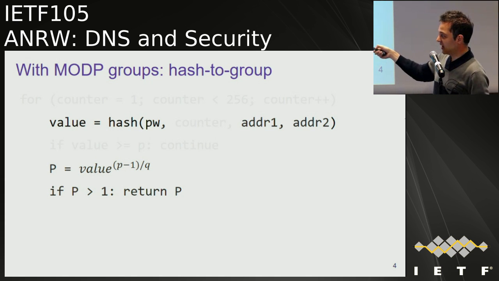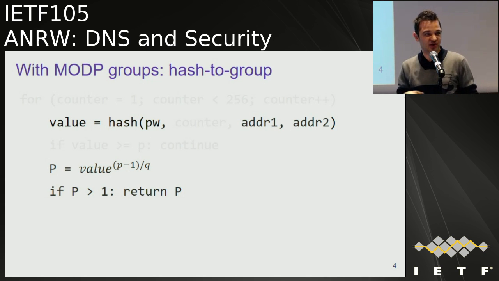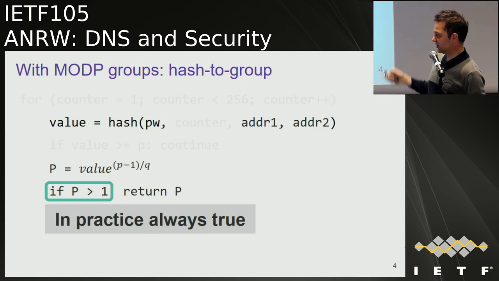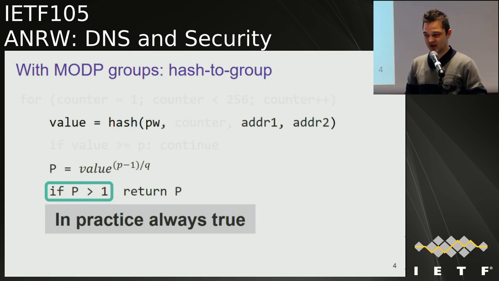We perform some calculations to get a p-value that is an element of the cryptographic group we are using. And then we do a quick sanity check to make sure that we have basically a valid and secure element. And in practice, this check always succeeds. So this would be the intuitive way to convert the password into a group element.